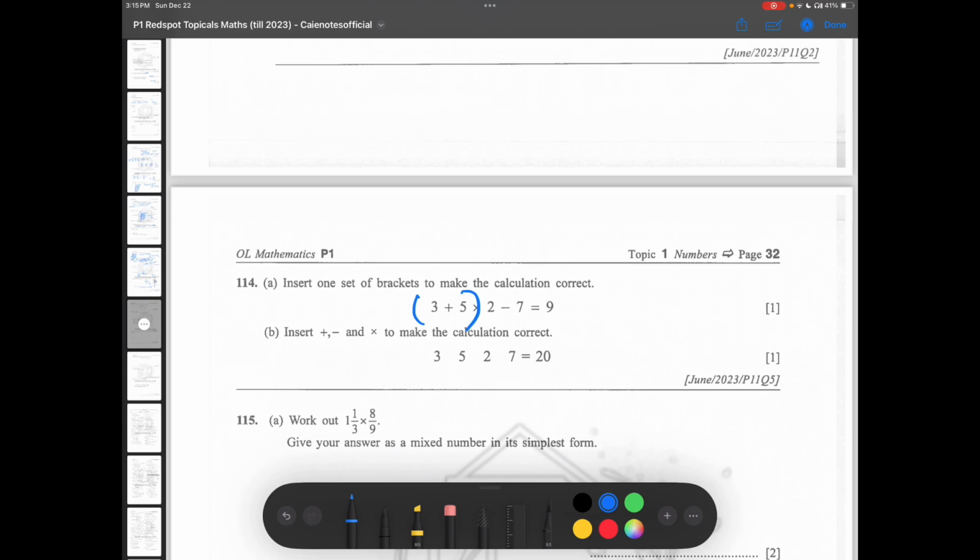Okay, okay, okay. If I write multiply over here, 5 multiplied by 2 will be 10, right?